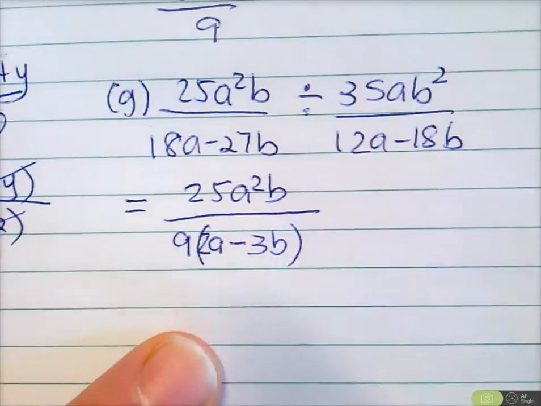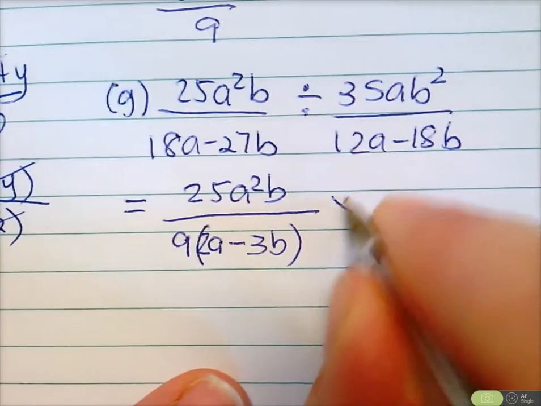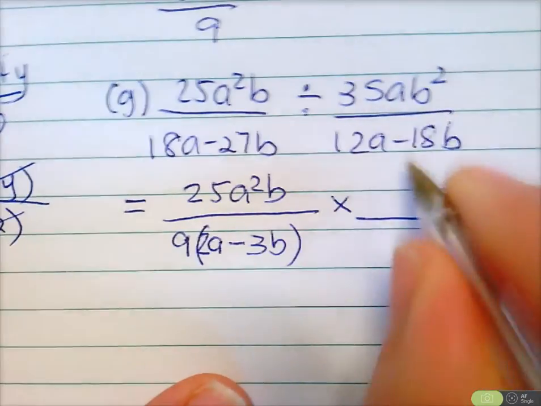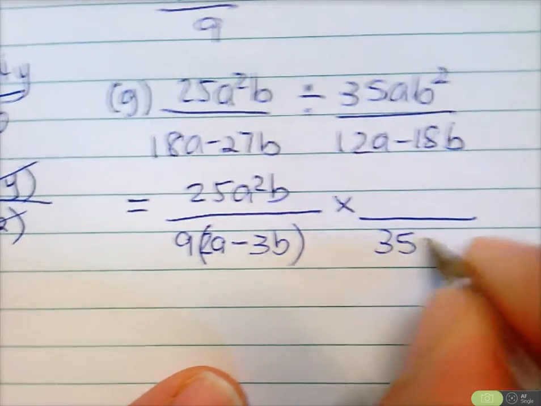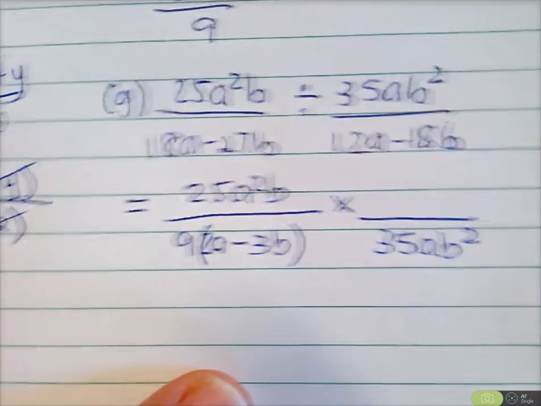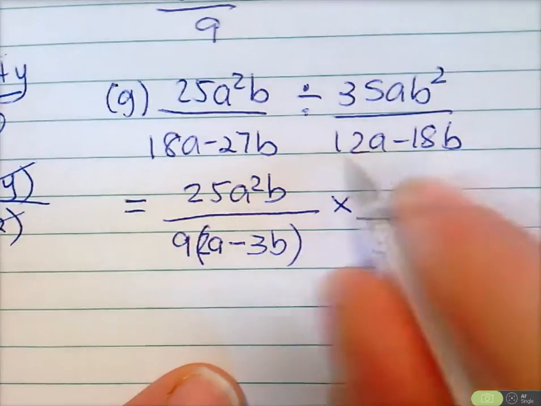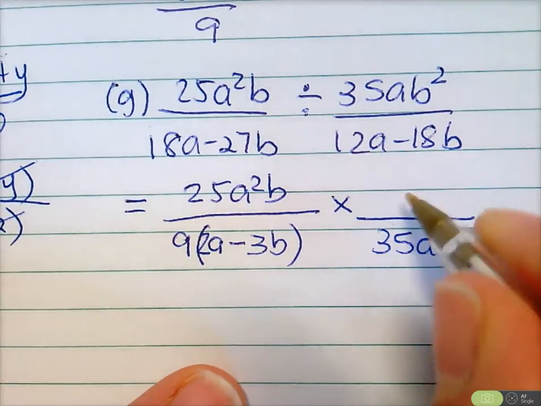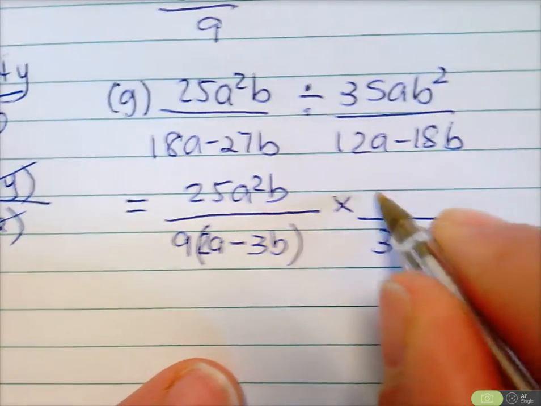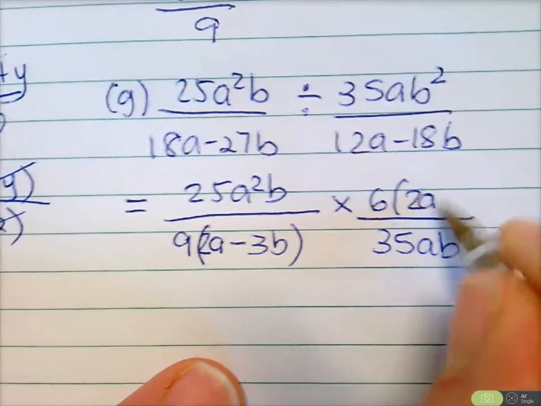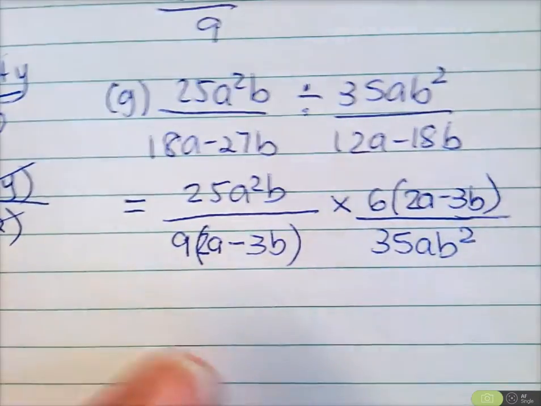So that's a 2a, girls, if you can't read it. Now I'm going to change my times to a divide, and I'm going to flip. So the 35ab squared goes on the bottom, okay? And I'm going to factorize this while I'm here. So factorizing the 12a minus 18b, what have you got? 6, bracket, 2a minus 3b. Are you okay with that, girls?